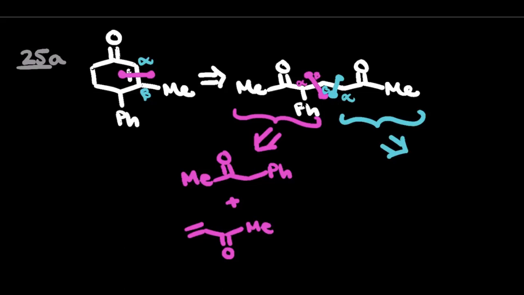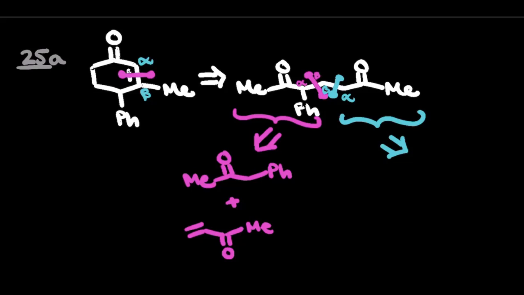Yes, I am, right over here. Or am I? Oh wait, no, I'm good. 1, 2, 3. I think I should be fine. I don't think I'm missing a carbon.